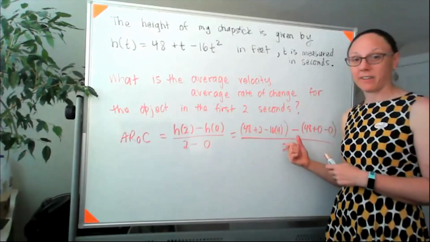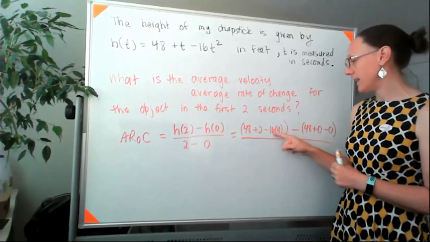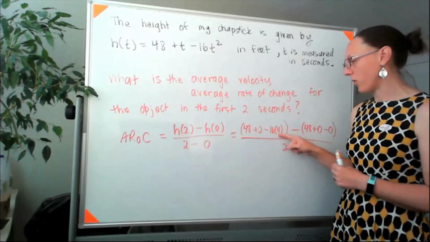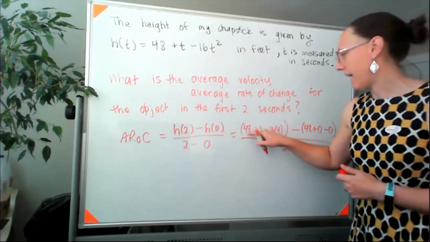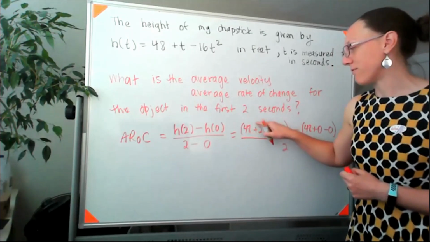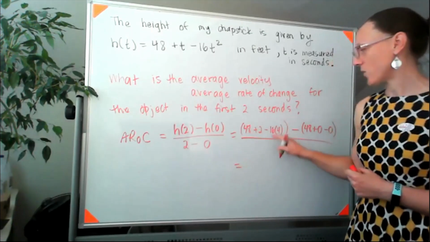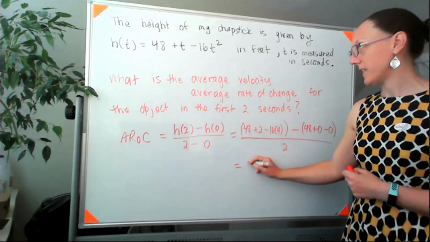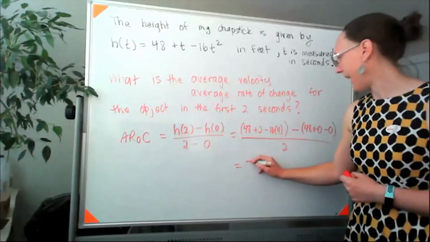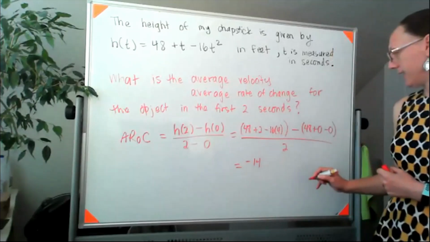So if I clean up the math here, 16 times 4 is 64, and 48 plus 2 is 50. So negative 64 plus 50 should be negative 14.